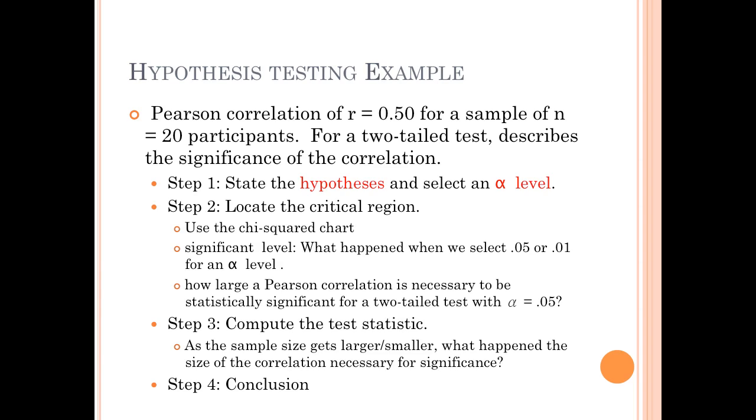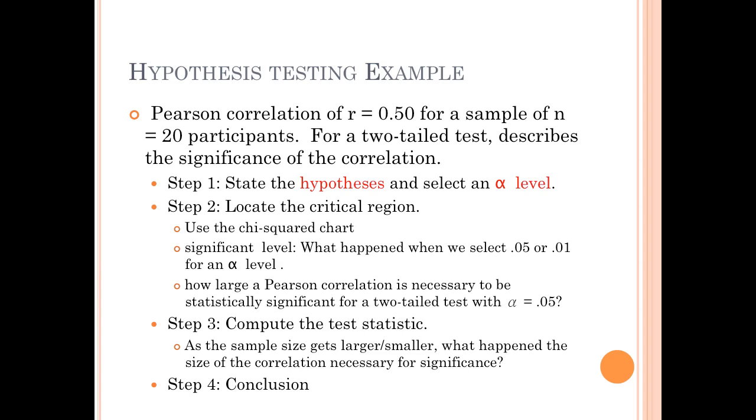But for 0.01, you would need a correlation of 0.9999. And you can see as you go down the columns that the alpha of 0.01 is always larger than the 0.05.